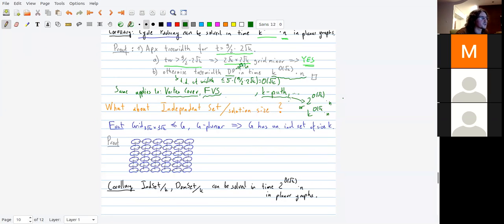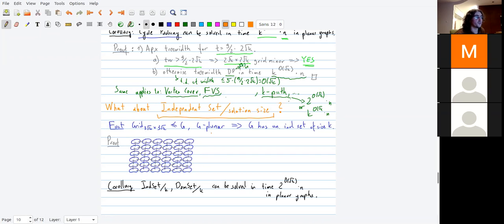So it is a little bit more tricky with other problems. For instance, the independent set problem, parameterized by the solution size. Because then you need to argue. So in the independent set problem parameterized by the solution size, you just ask whether the input graph contains k vertices that are pairwise non-adjacent.